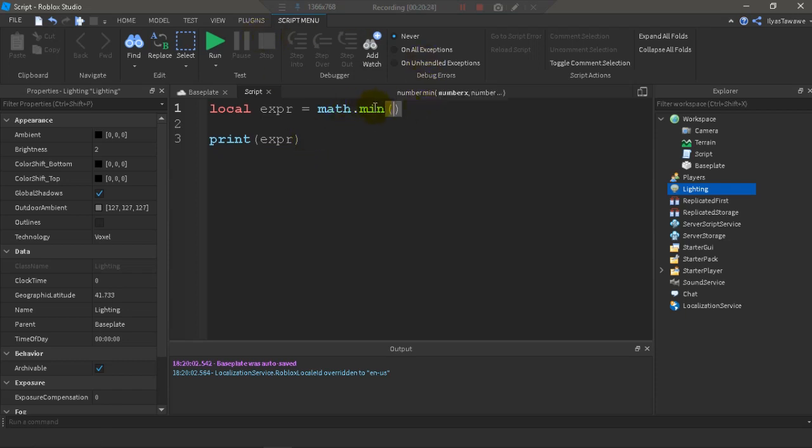This math.min takes infinite values, well, infinite numbers, and it gives us the smallest number of all the parameters that you passed in.